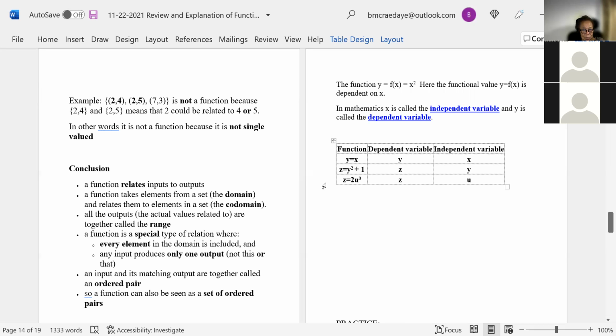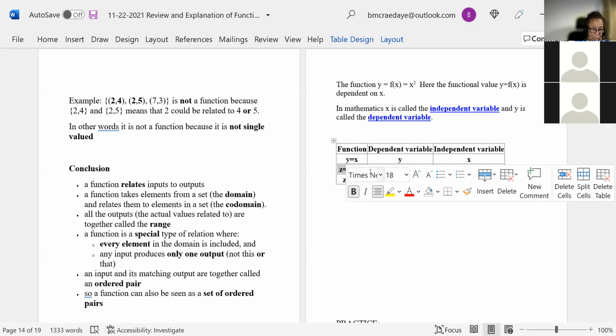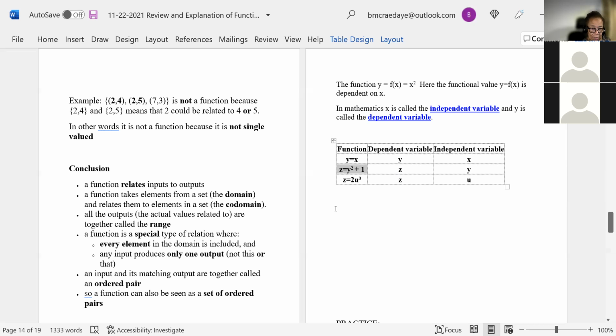Now take this one, z equals y squared plus what? I want you to take this function. I'll put it down here by itself.